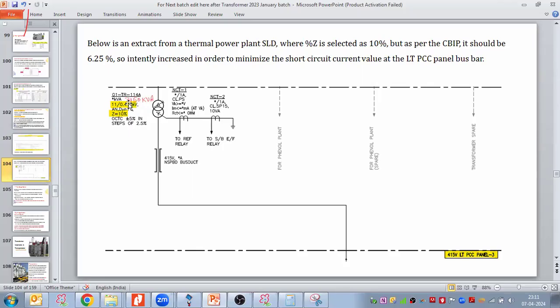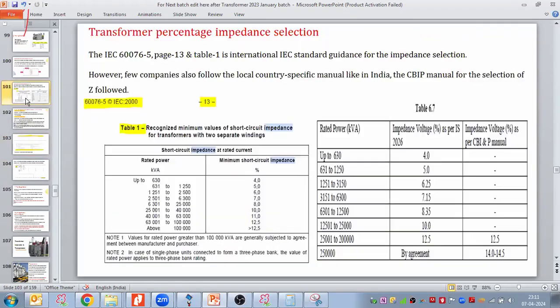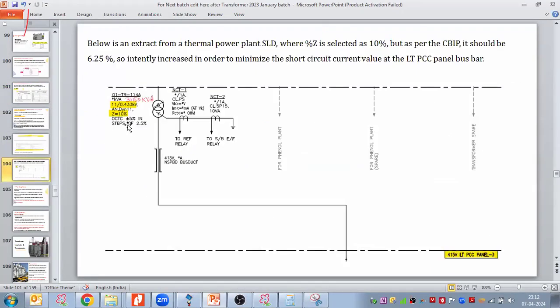The reason is it is a 3150 kVA transformer. Ideally for a 3150 kVA transformer, the percentage impedance should be 6.25%, in the range of 6% or 7%. But I have taken 10% here. Why am I taking 10%? Because I wanted to reduce the fault current.